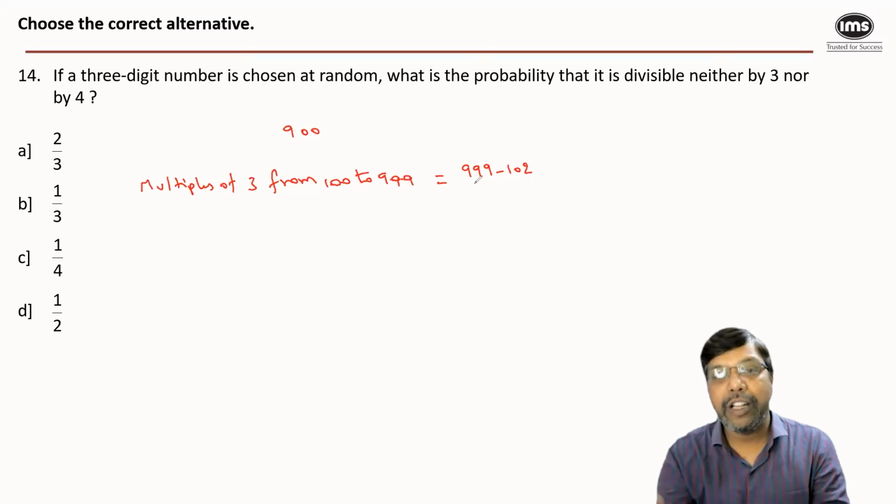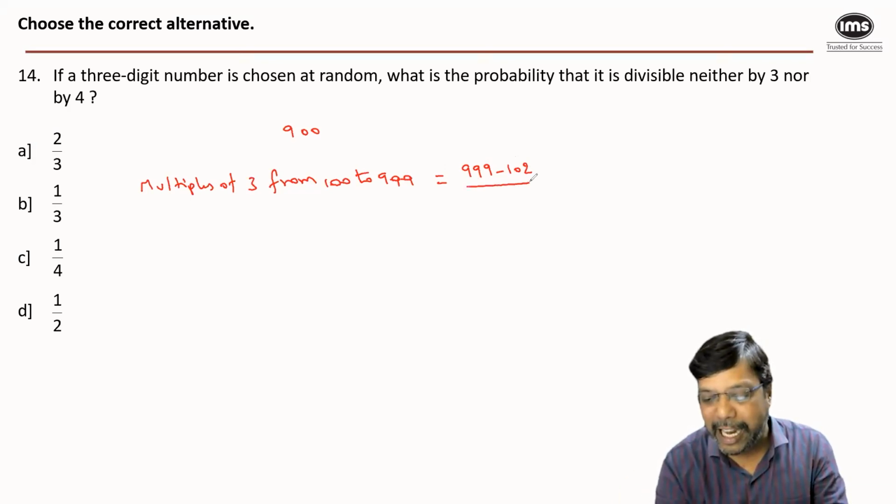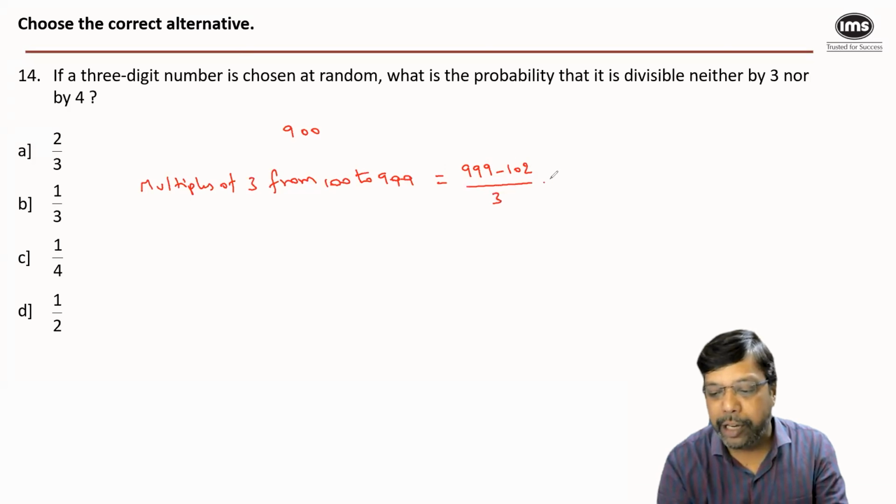So the number of 3-digit multiples of 3 we have is (999 minus 102) by 3 plus 1, which is equal to 300.